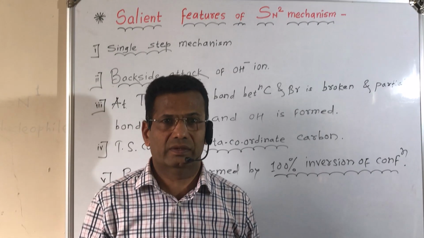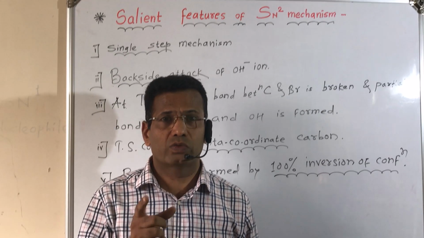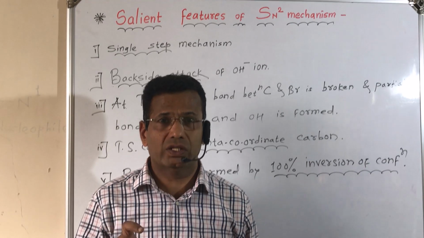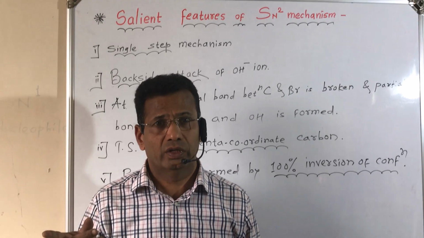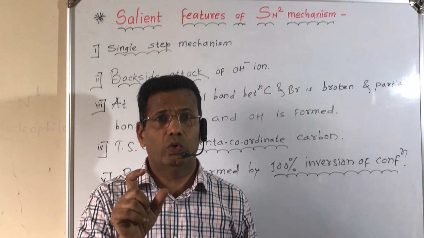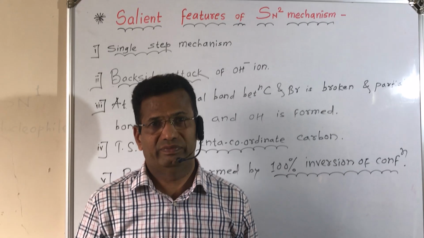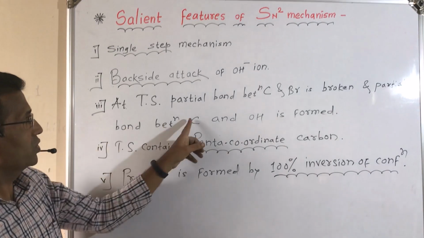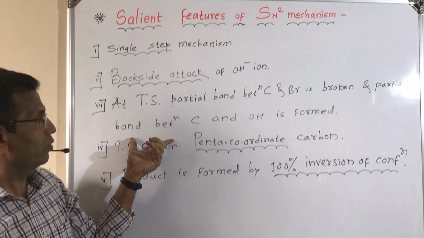At this complex, the C-Br bond is partially broken and the C-OH bond is partially formed. So the net charge on the OH minus ion is diffused. It remains partial on the OH minus ion and partial on the Br atom. So the third salient feature is, at the transition state, the partial bond between C and Br is broken and the partial bond between C and OH is formed.